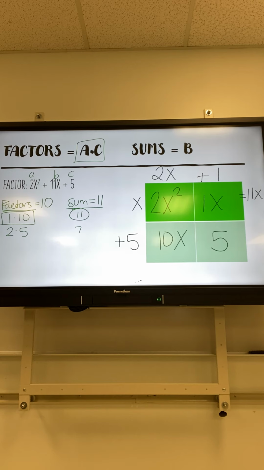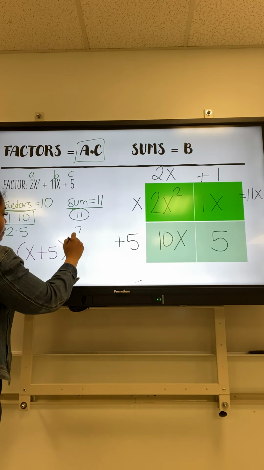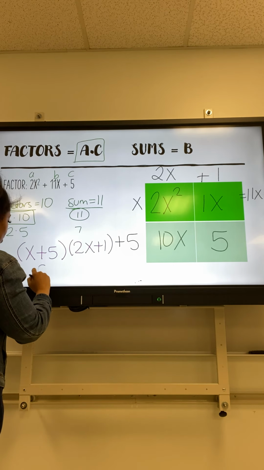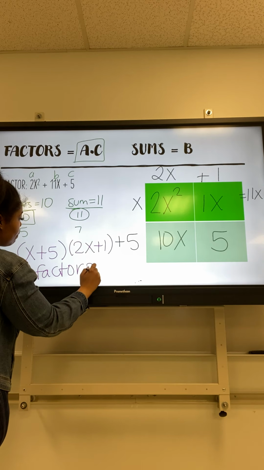So this tells me that if I want to find the 2 factors of this, we just did that. Our factors would be x plus 5 is a factor, and then our other factor is from up top, 2x plus 1. So these things here are our factors.